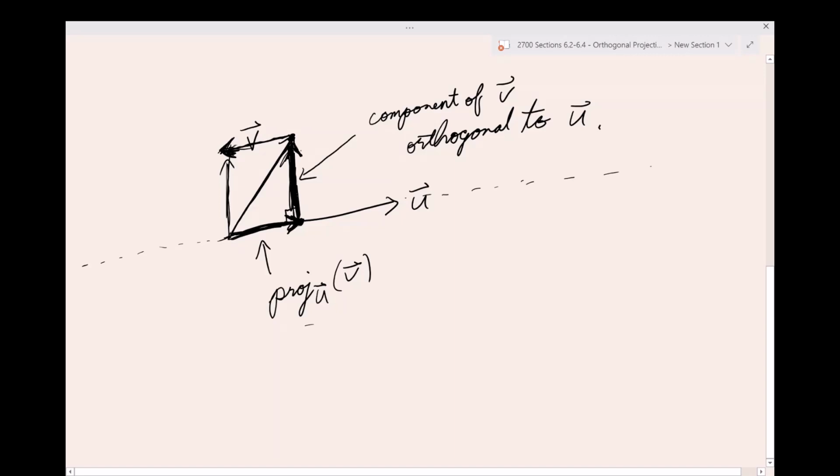So that means that this thing is going to be equal to V minus that projection onto U of V.